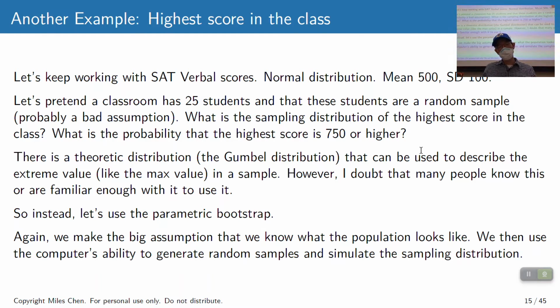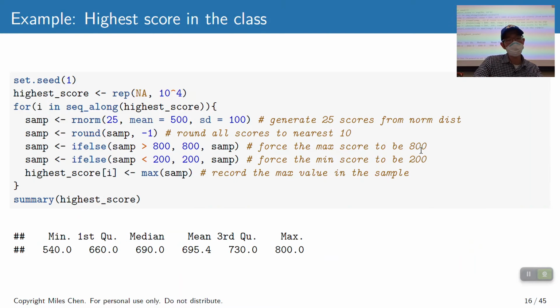On the other hand, I'm a lot more comfortable with parametric bootstrap because I know how to randomly draw a sample, I know how to calculate the statistic I'm looking for, and I can do this a bunch of times. So here we're going to draw 25 values from the normal distribution.